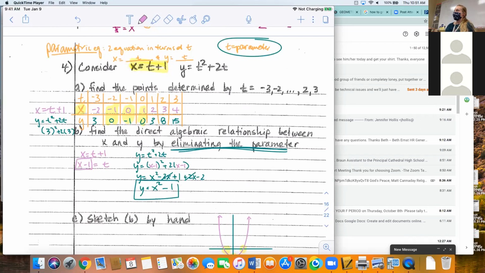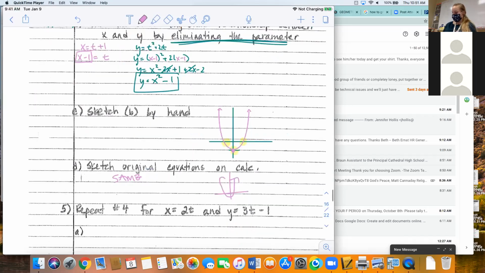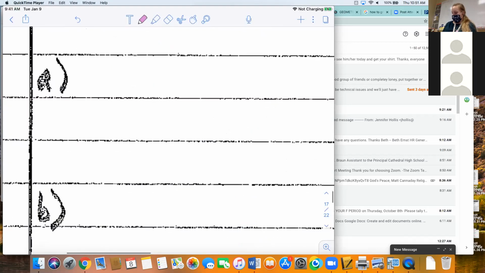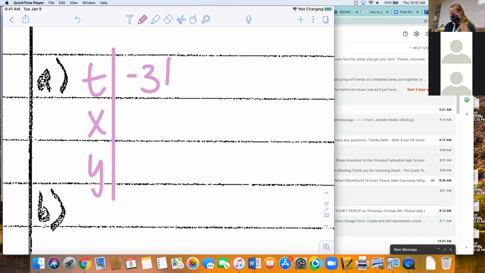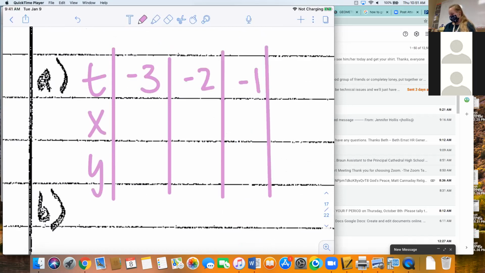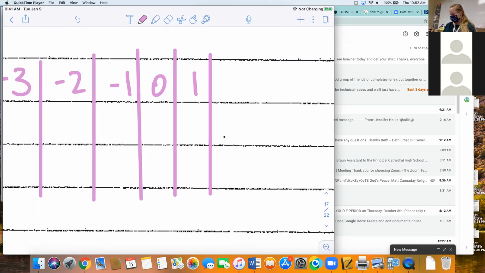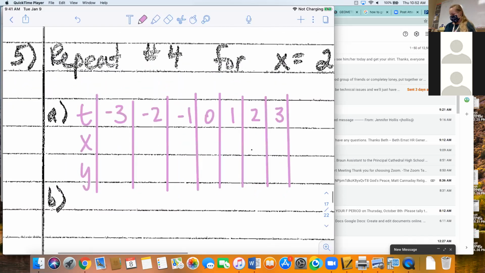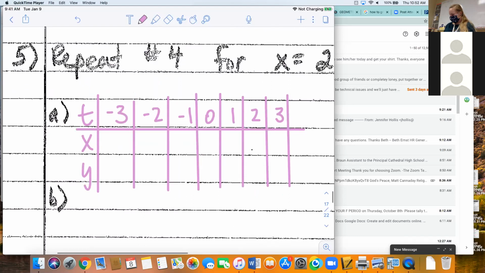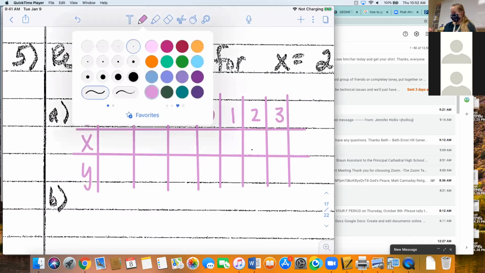So make sure you have a table set up. Let's start doing our table.